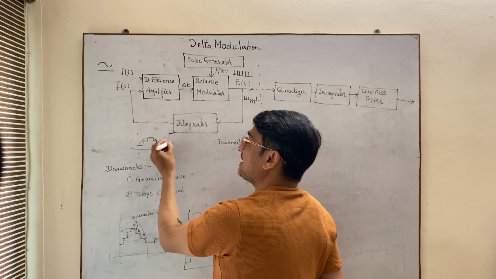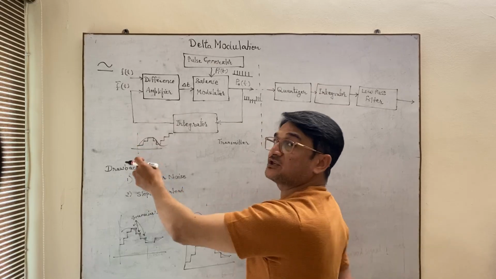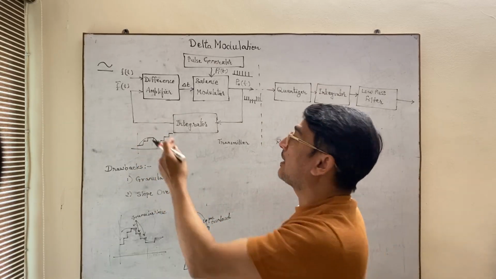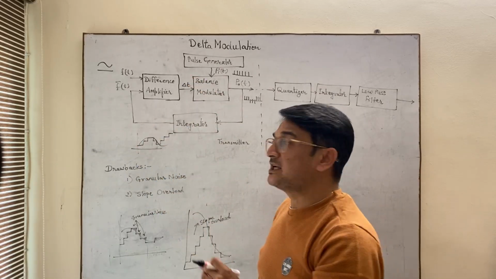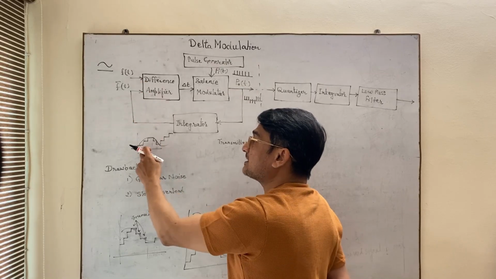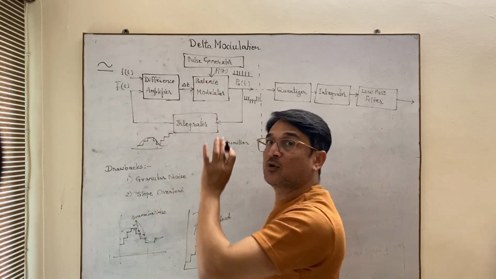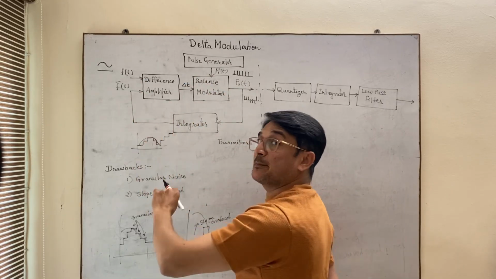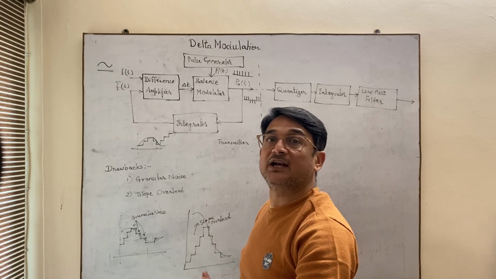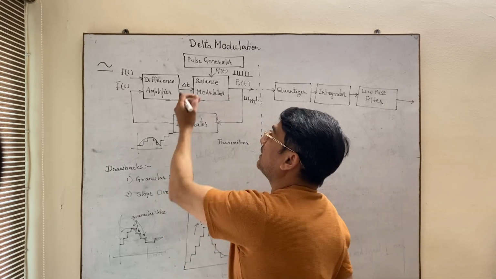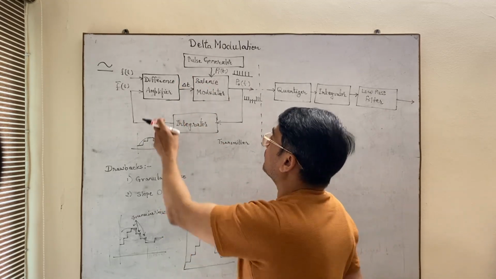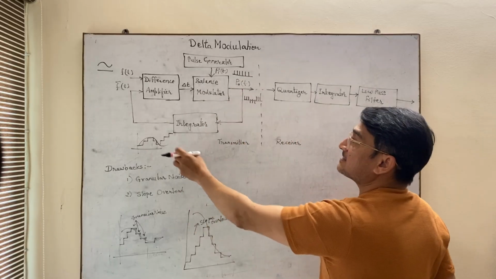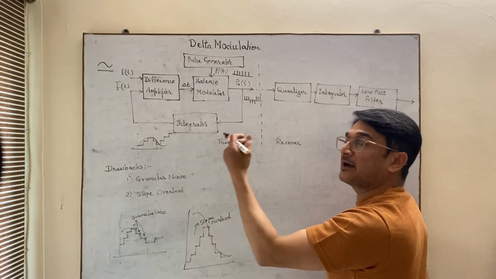Suppose this is your f(t), it will check which amplitude is higher and accordingly give the difference. If the modulating signal's amplitude is higher than the step, you will get a positive delta(t). If the step is higher and the modulating signal is lower, then you will get a negative delta(t). This way, the signal is generated and passed.